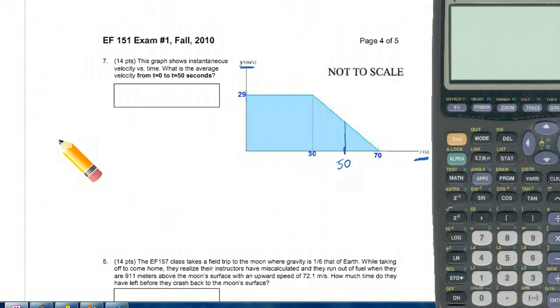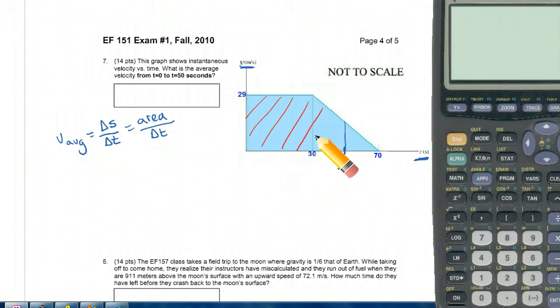Okay, we have an equation. Average velocity is change in position over change in time, and that's the area over the delta time. So we are looking for this area right here up to 50 seconds.